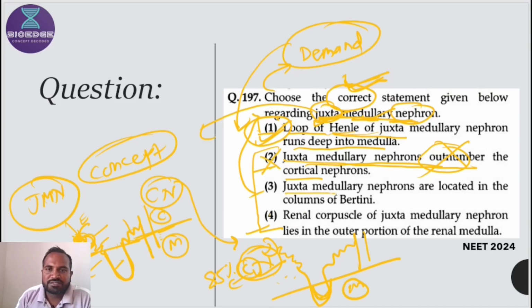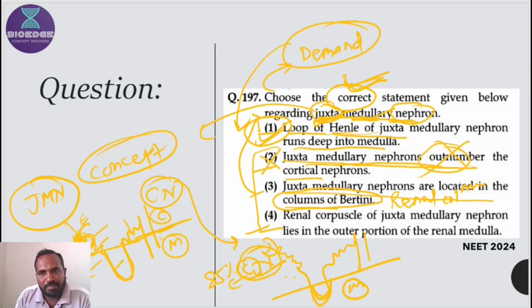Then another, juxtamedullary nephrons are located in columns of Bertini. So juxtamedullary nephrons are not located in columns of Bertini. You should know what is meant by columns of Bertini. Columns of Bertini means renal columns. You can refer to NCERT to know what a renal column is.